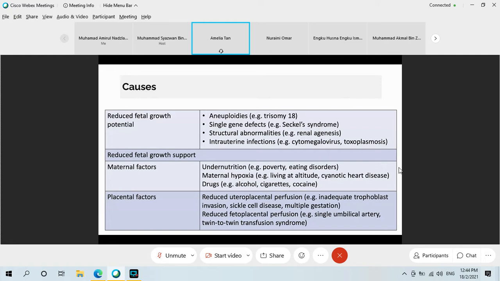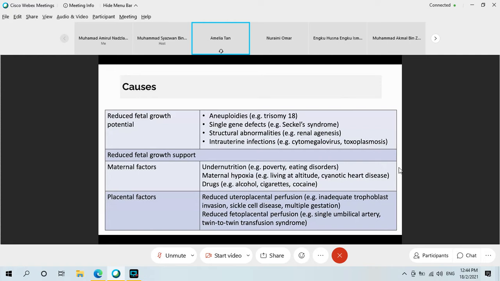For the maternal factor, one of the very major causes of fetal growth restriction is maternal undernutrition. This factor is especially significant in underdeveloped countries, because of poverty. They are very poor and lack nutrition.